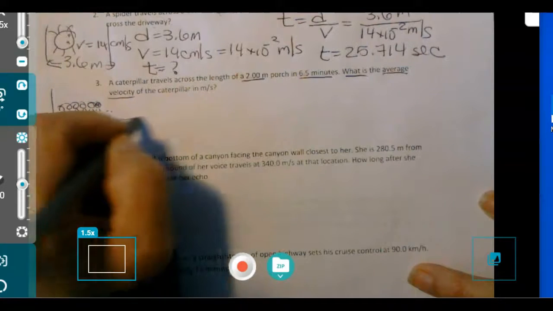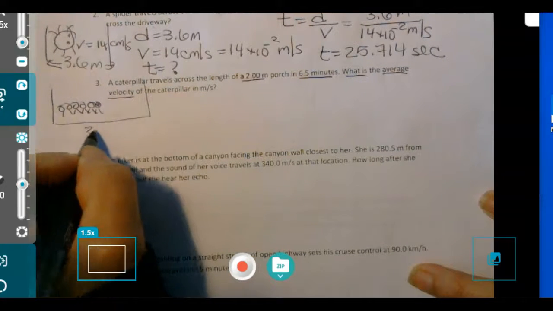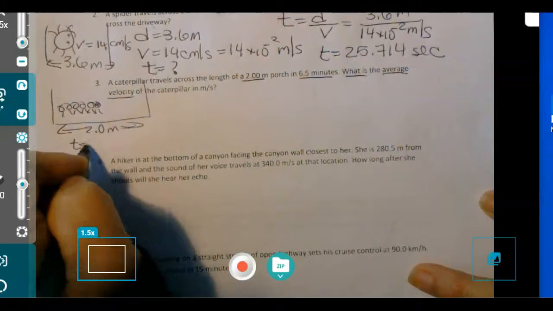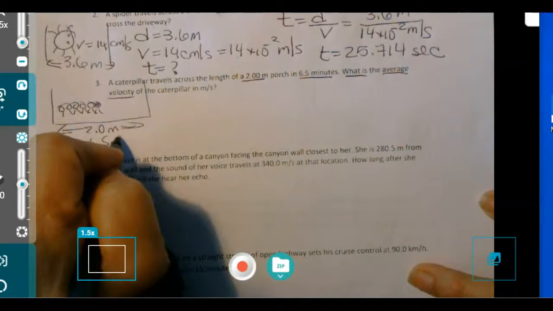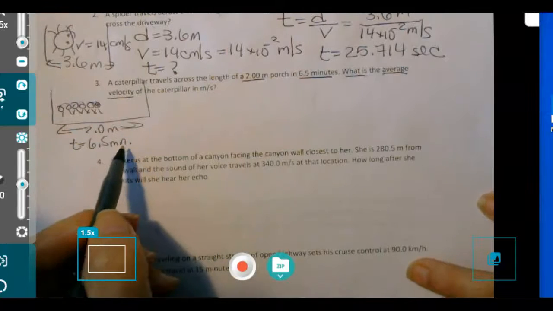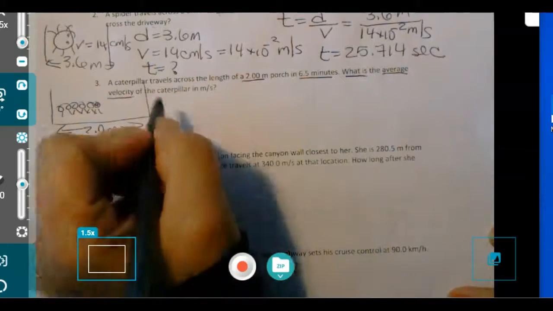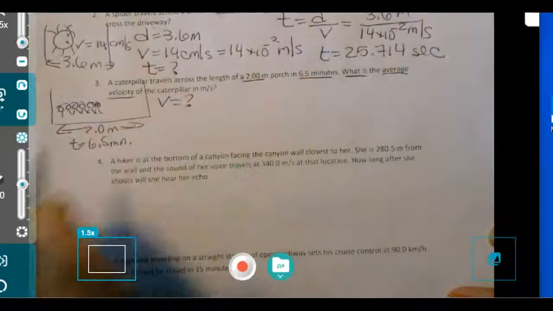And it goes across a big porch that is 2 meters long. And his time is 6.5 minutes. Maybe he is fast. I don't know how fast caterpillars can go. And I'm looking for my velocity, question mark.